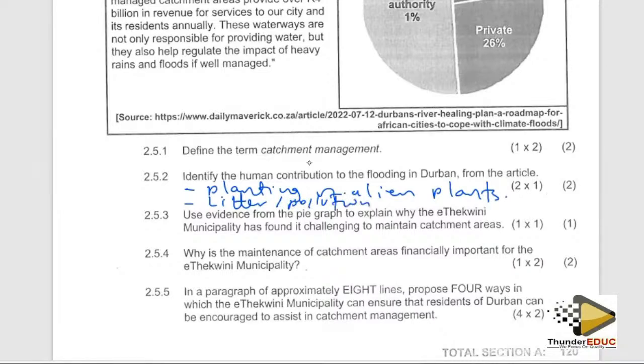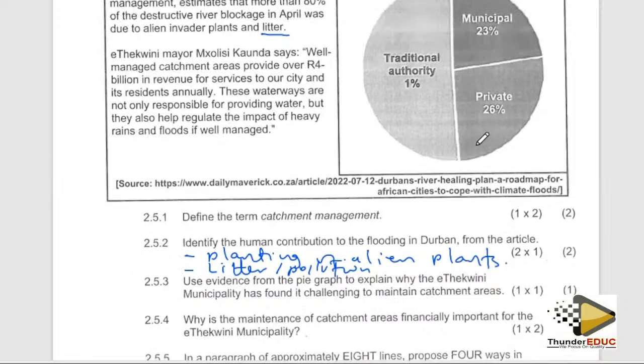Then 1.5.3, use evidence from the pie chart graph to explain why the eThekwini municipality has found it challenging to maintain catchment areas. Okay, let's check ownership.